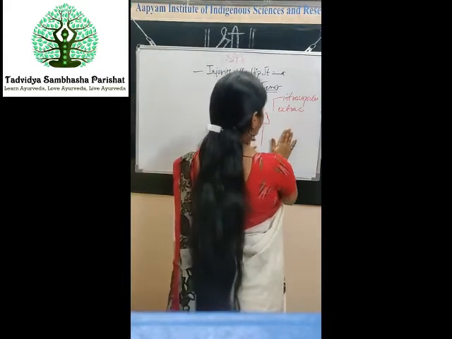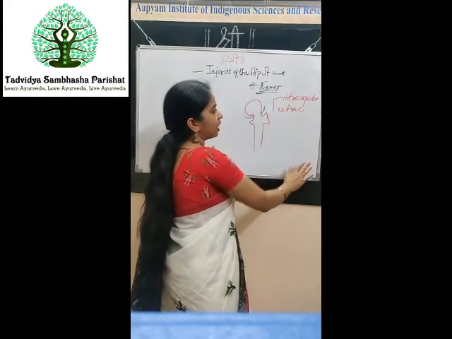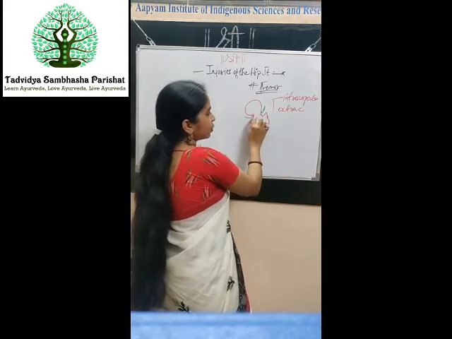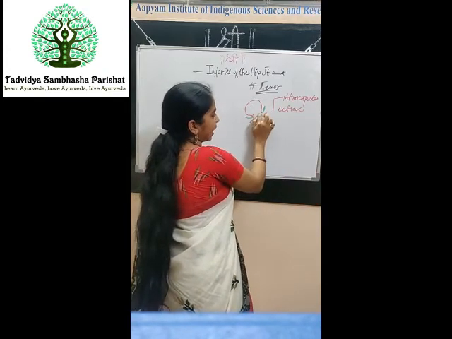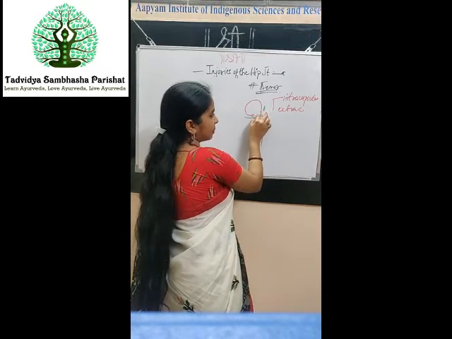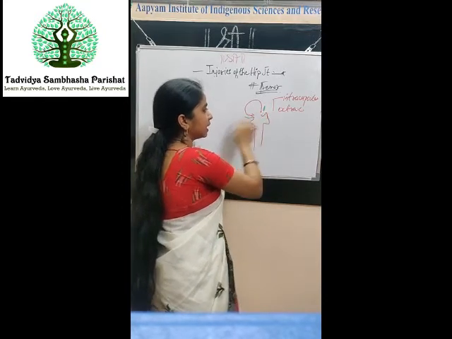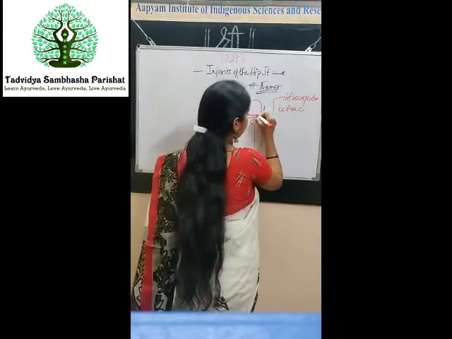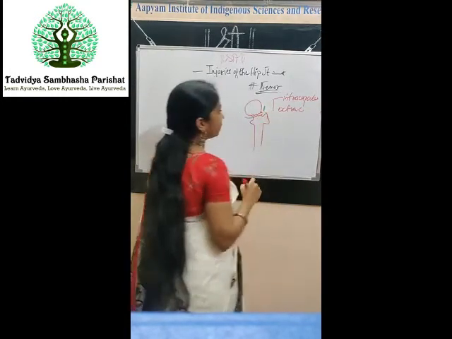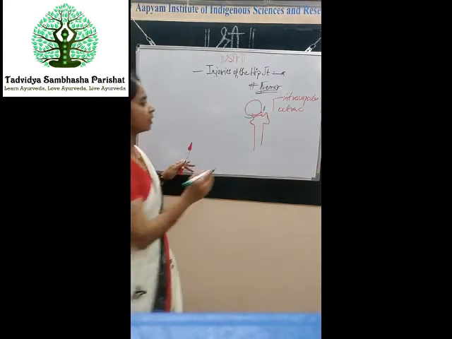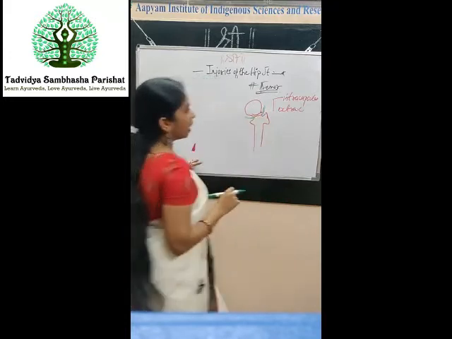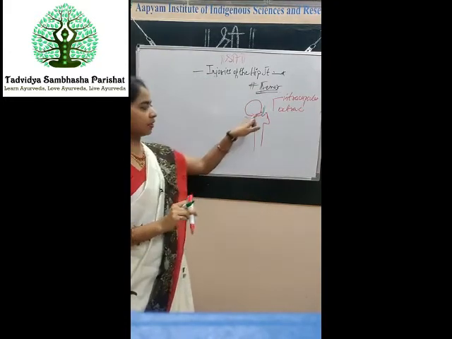Usually the fractured neck of femur is called intracapsular or extracapsular. Intracapsular is when the fracture happens within the capsule. Suppose it happens here, then it is called intracapsular. So suppose the fracture is here, and this is our articular capsule. So this is called intracapsular.